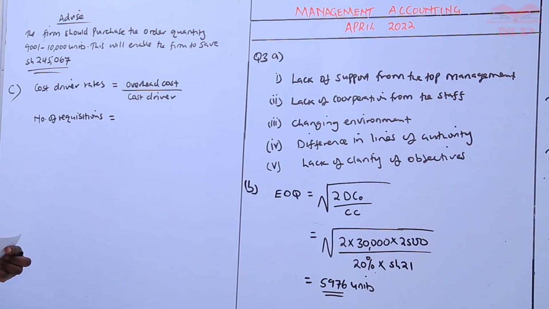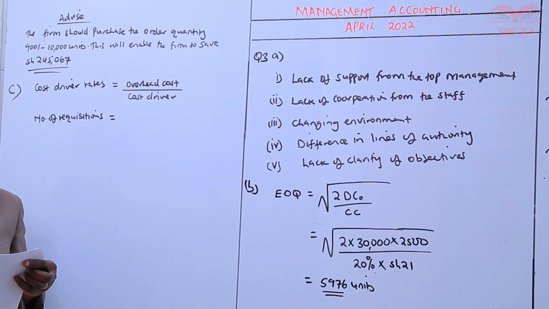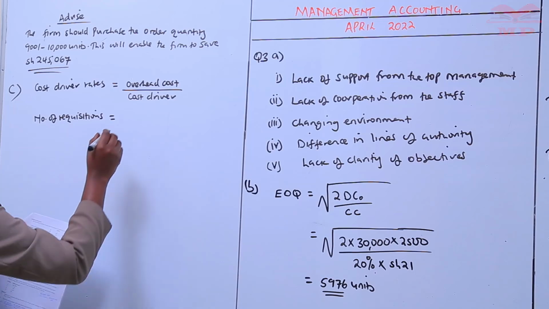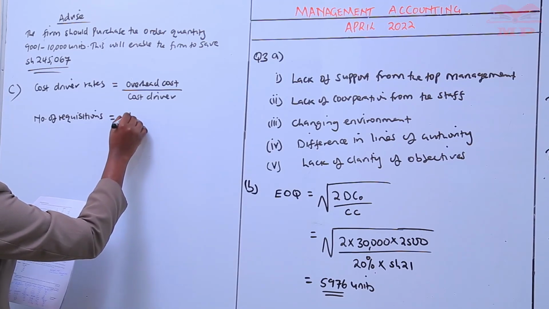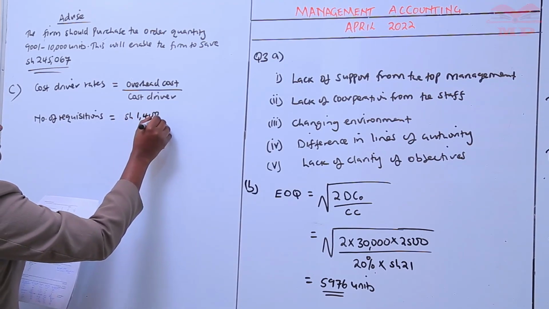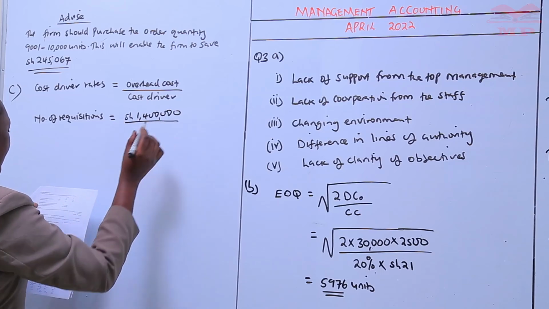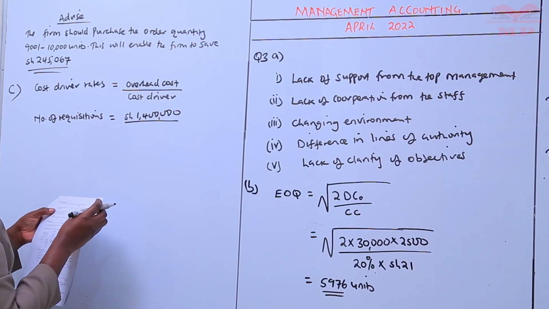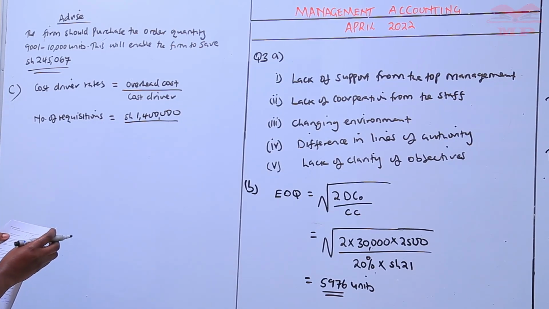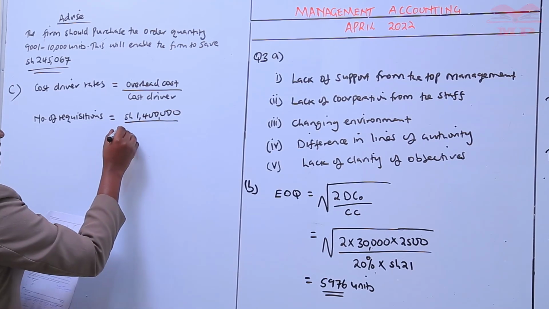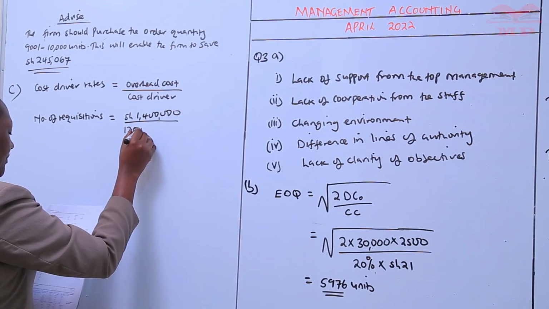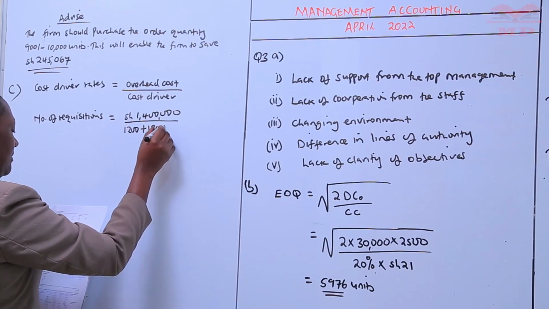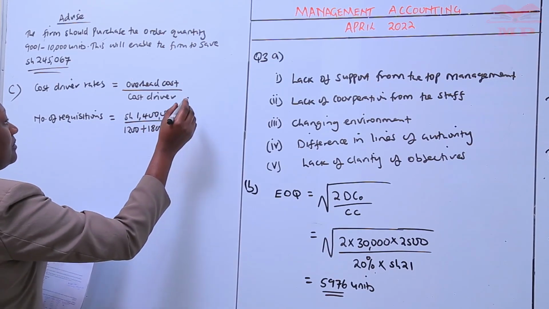To calculate that, note number 2, we have overhead cost. So you will simply take 1,400,000 and you divide by the number of purchase requisitions, and remember you compile for all the products. So we'll have 1,200 plus 1,800 plus 2,000.